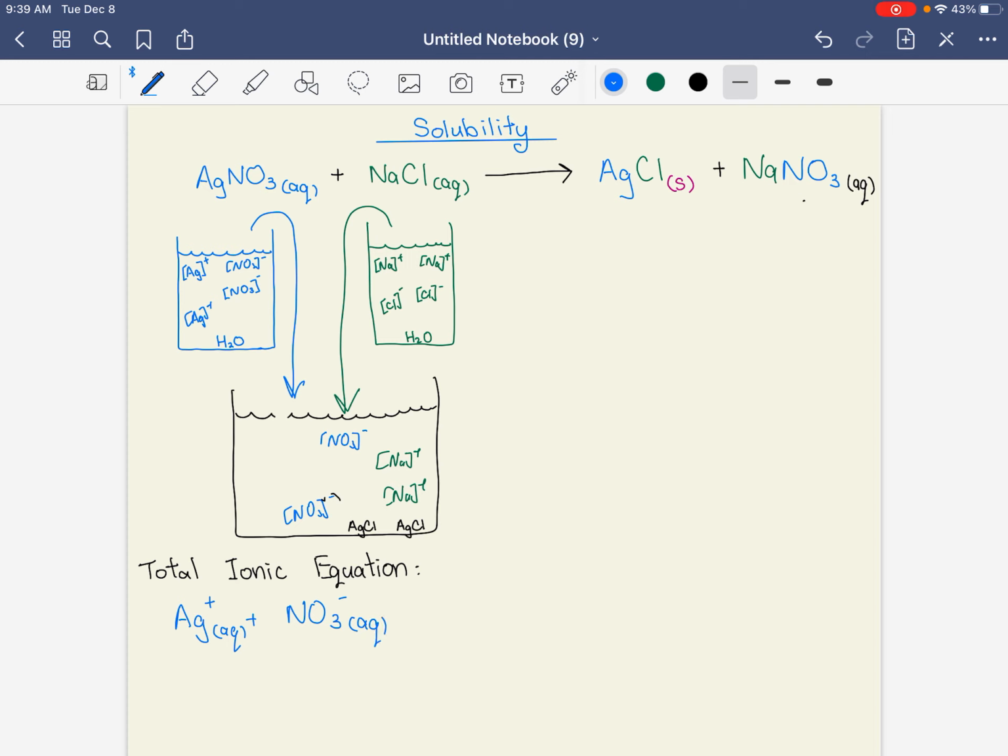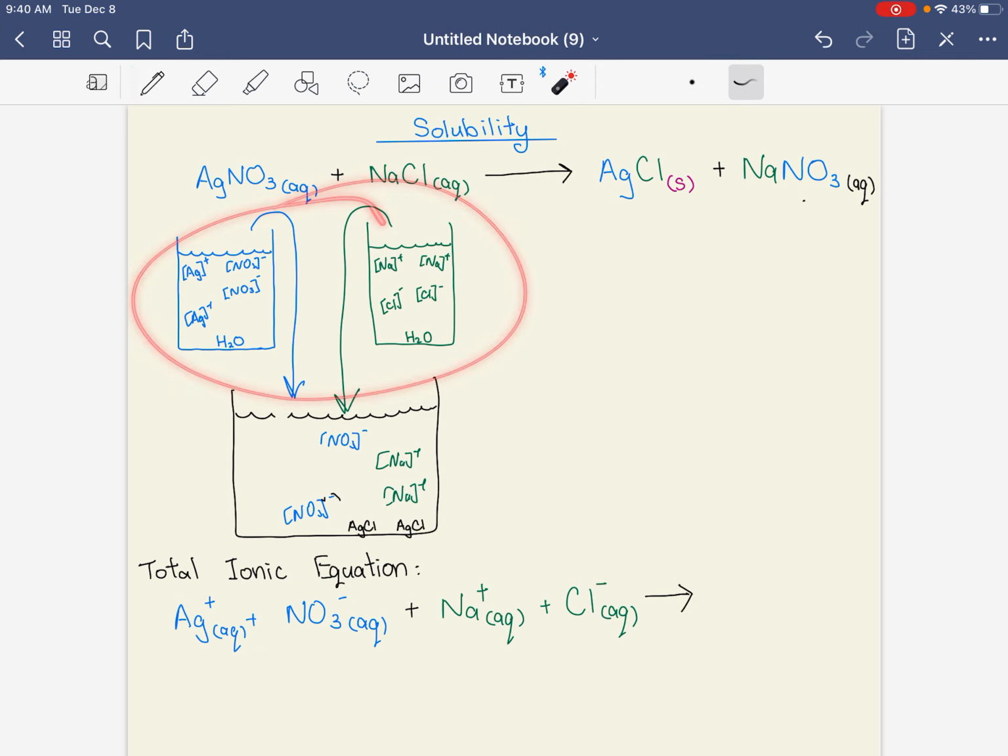Okay, this one is easy because there's no coefficient. Well, there's a coefficient, but the coefficient is 1. And I'll show you in another example what happens when the coefficient is not 1. Okay? Plus, we did the same thing with NaCl. NaCl is soluble, so therefore NaCl will break apart to give you Na plus and Cl minus. Okay? Exactly what happens in my beautiful picture.